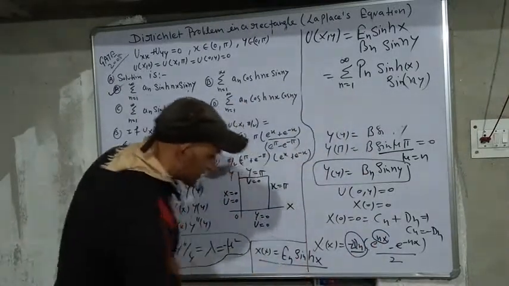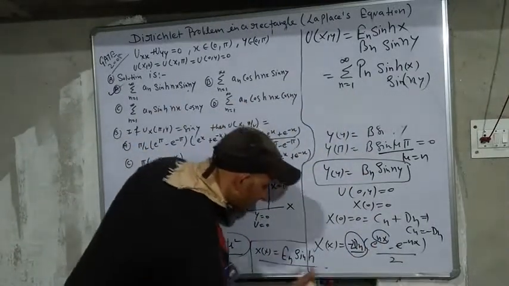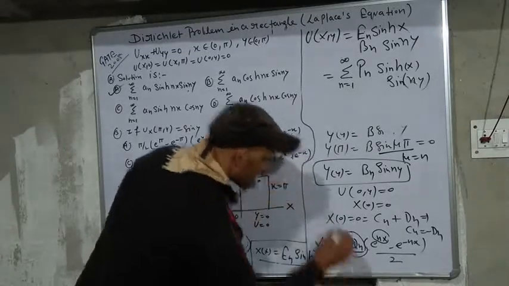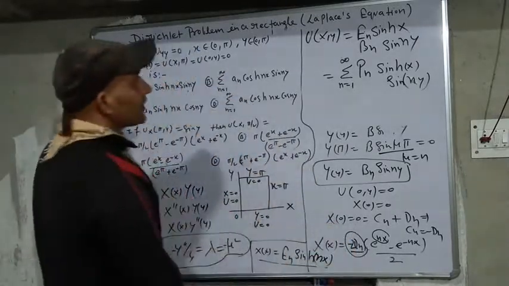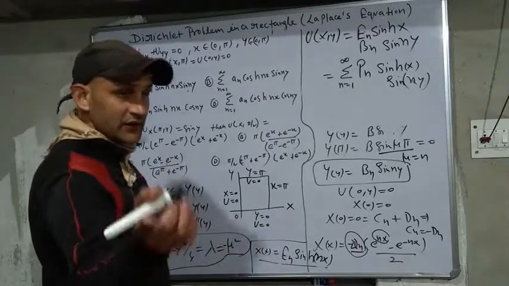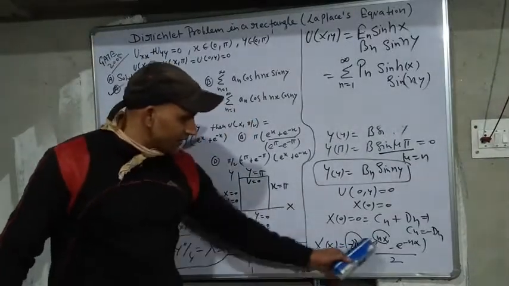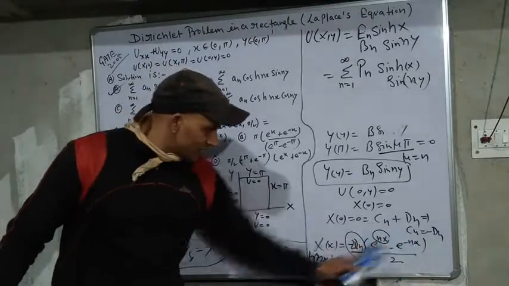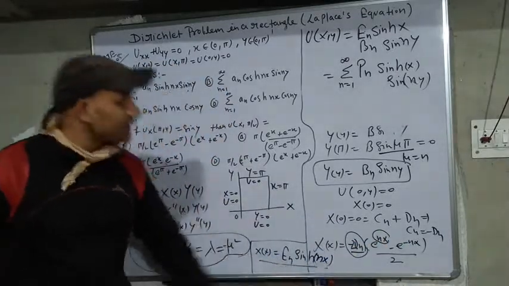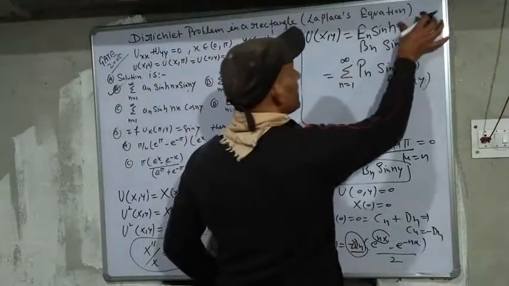So this is nx, sine hyperbolic nx. This is correct, sine hyperbolic nx. So in the previous question we also forgot to write this nx. Because here it is nx, so we will write sine hyperbolic nx.